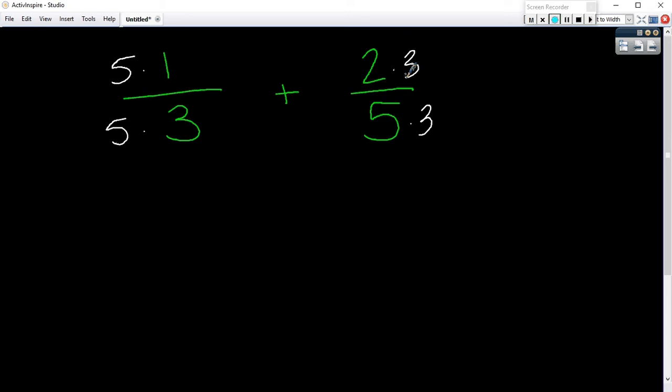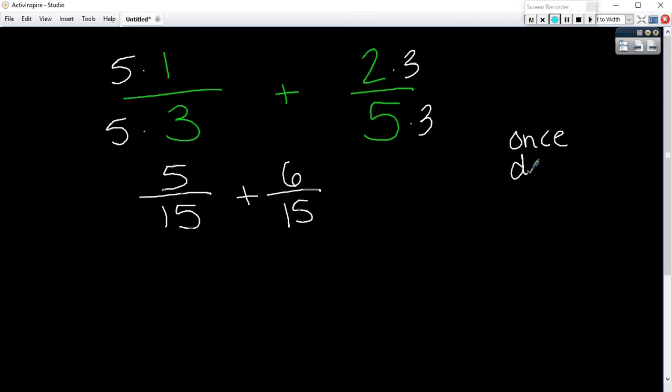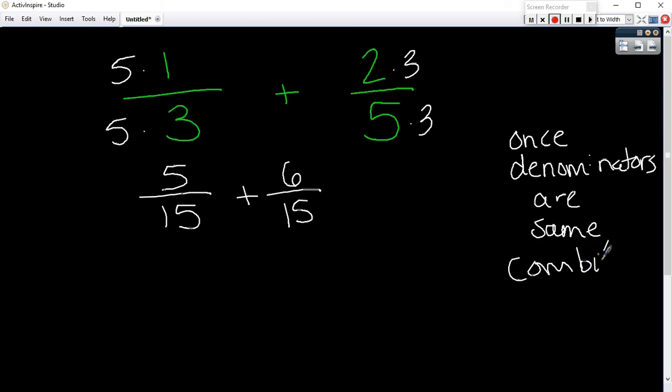So the first fraction becomes 5 over 15, and the second fraction becomes 6 over 15. Once the denominators are the same, we combine only the tops, the numerators.